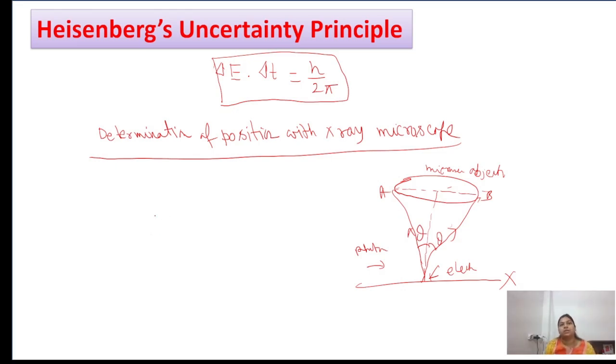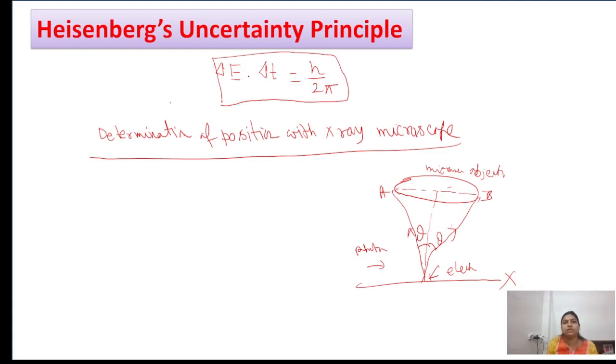Suppose we try to measure the position and linear momentum of an electron using an imaginary microscope with very high resolving power. The electron can be observed if at least one photon is scattered into the microscope lens.